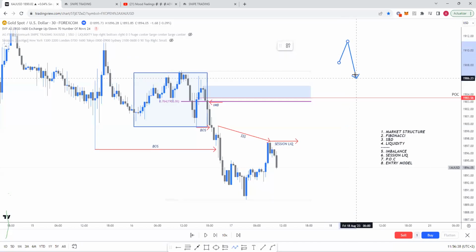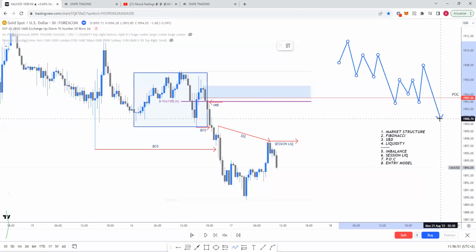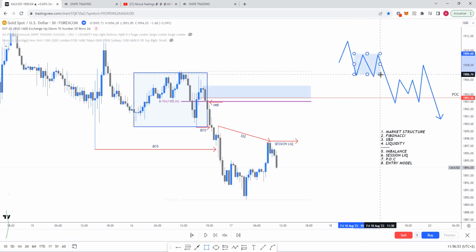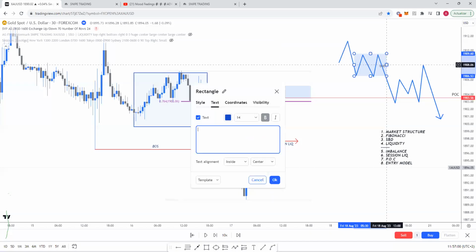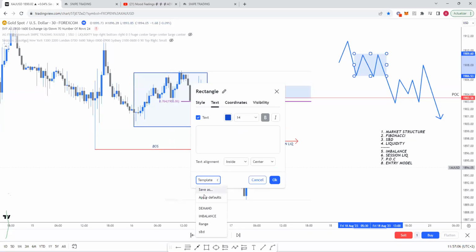which, if you remember, is: price is trending to the downside, it consolidates, breaks to the downside, creates internal liquidity.